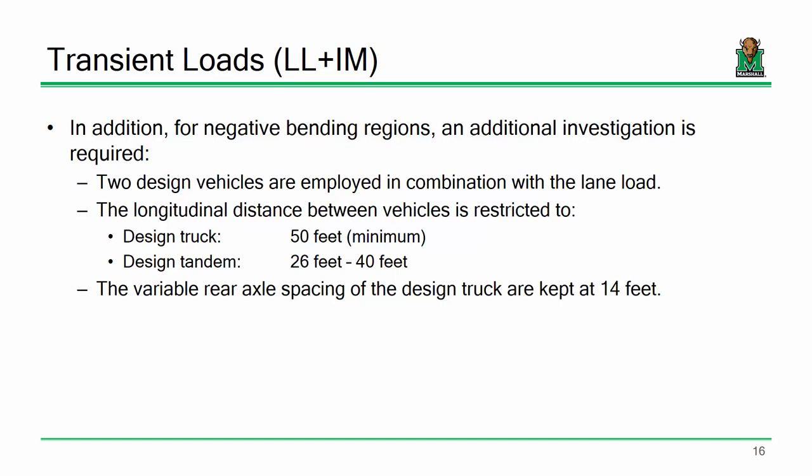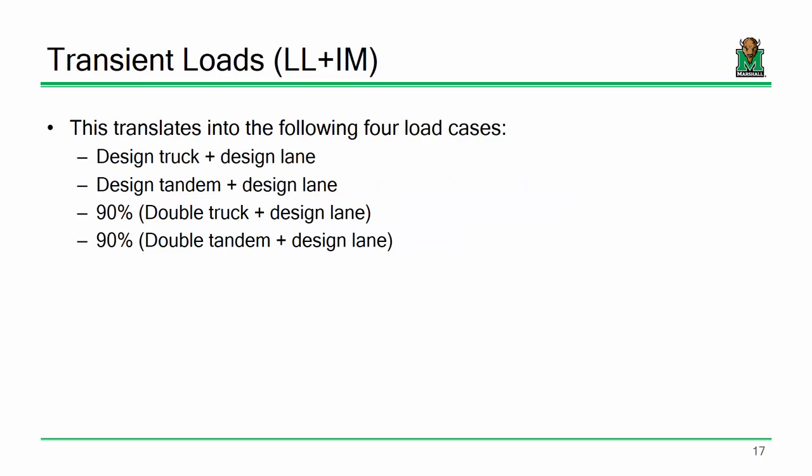So we have a sort of special load case that we have to do anytime we have a bridge that has a negative bending region. What we end up doing is putting two trucks on the bridge spaced at a particular interval. And I've got some pictures that kind of draw this out in a little bit.